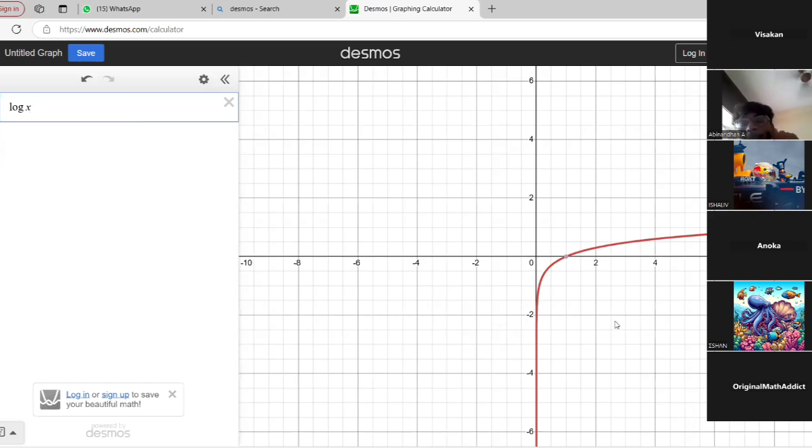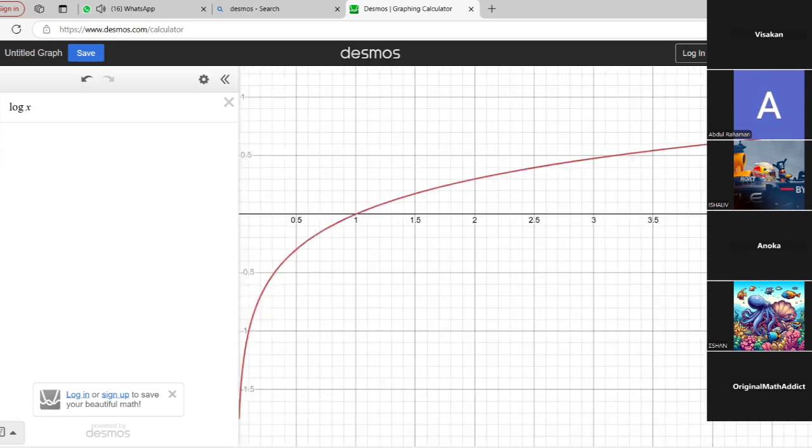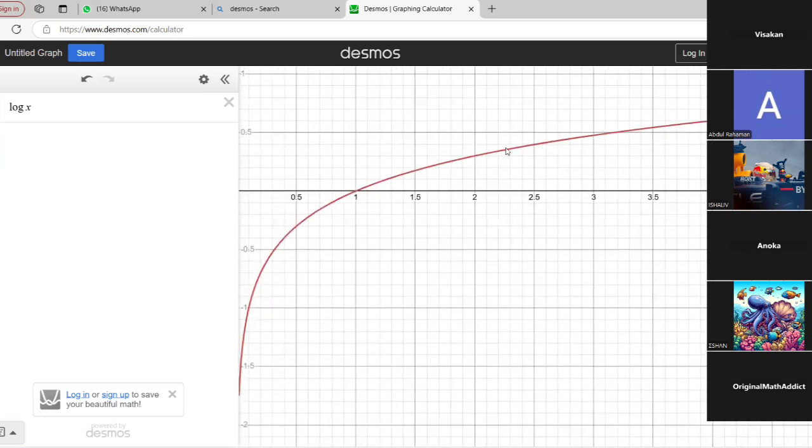Yes, sir. Now this is my log x graph. In the log x graph, at every point I'll be able to draw a tangent because it's a curve. You can notice the angle that the tangent makes, and you can start finding the slope with respect to that. For example, notice this point. What is this point?